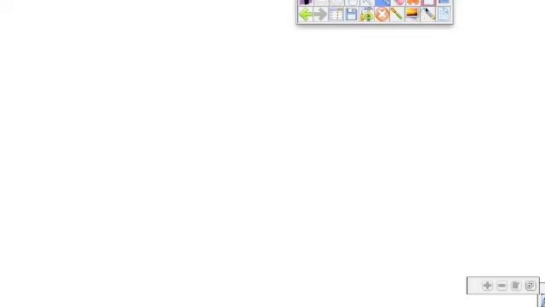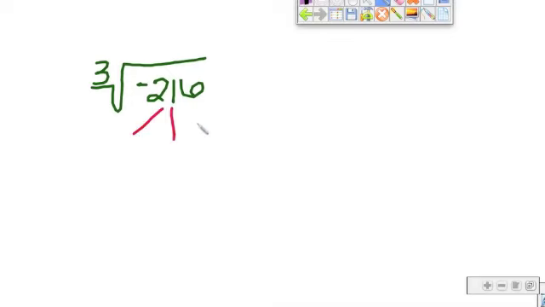All right, let's try something a little different. What if we take cube roots? So if I have the cube root of negative 216. Now, instead of looking for 2 numbers that are the same, I'm looking for 3 numbers that are the same because it's cube rooted.